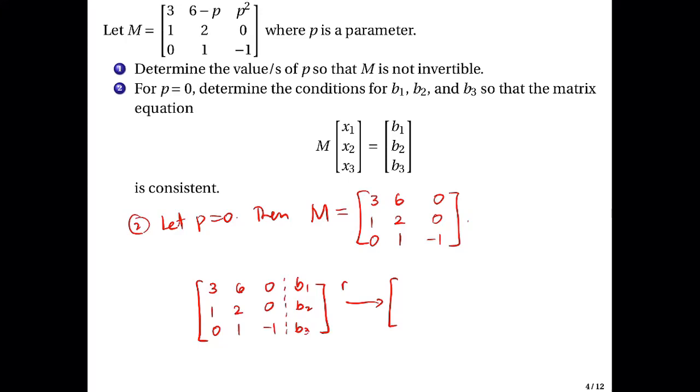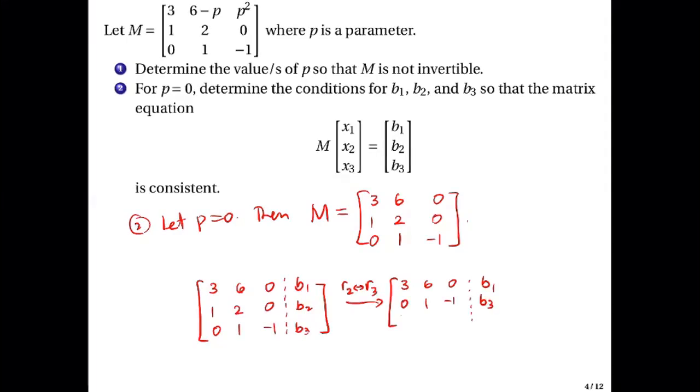Okay, so we interchange row 2 and row 3, so we keep this. This is b1, and then we have 0, 1, negative 1, b3, then we have 1, 2, 0, b2.